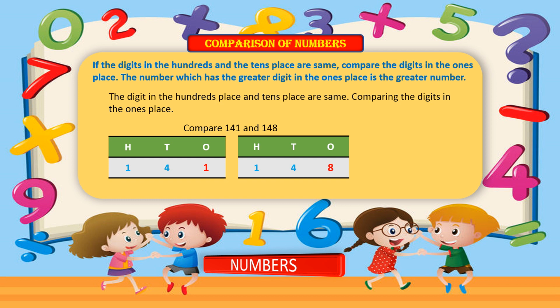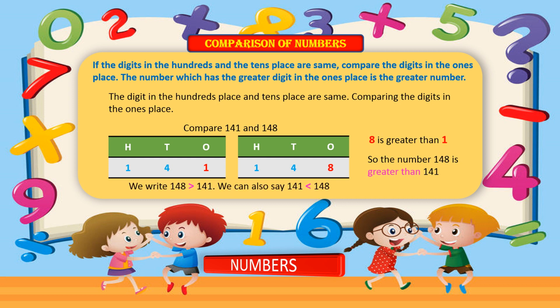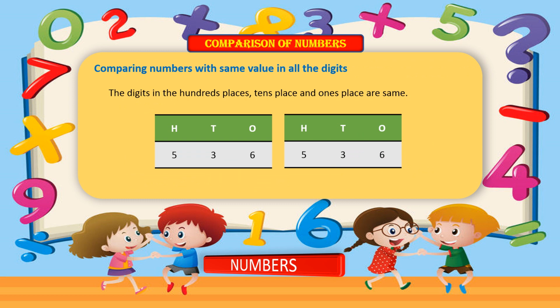Then comparing the digits in the ones place, we get 8 is greater than 1. So the number 148 is greater than 141. We write 148 is greater than 141. We can also say 141 is lesser than 148.